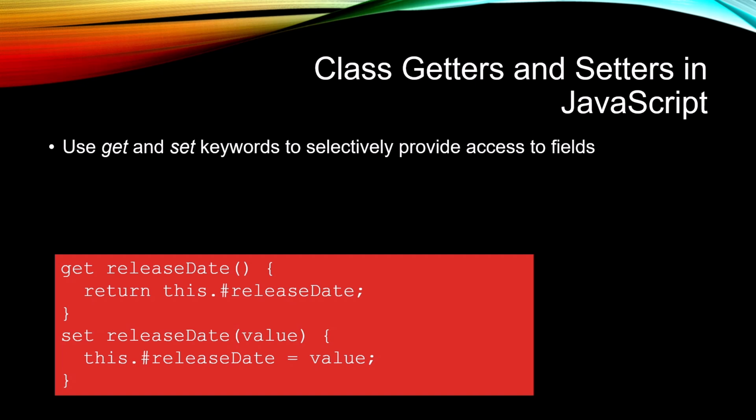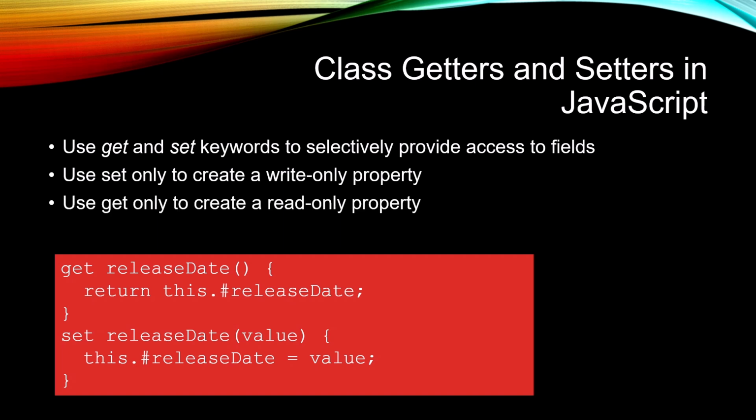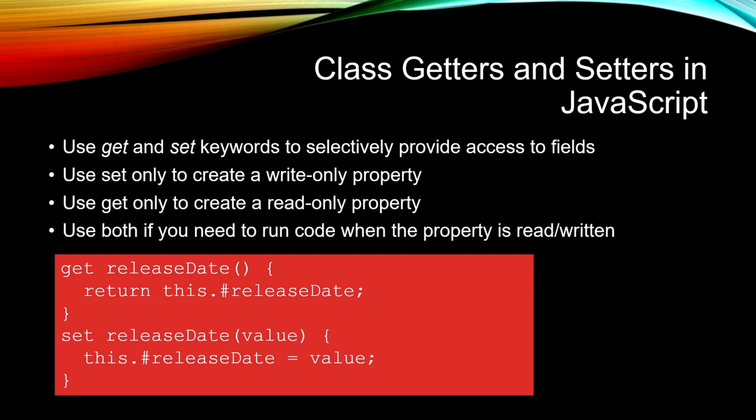Or I'm going to use a property setter, so set release date, pass in a value, so I can use that to assign a value to that private field. So we use set only to create a write only property. We would use get only to create a read only property. And we use both if we want to run some code when the property is read or written.